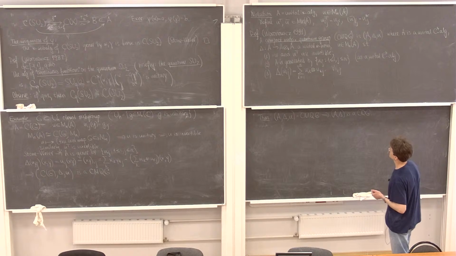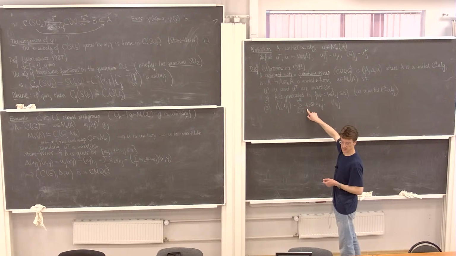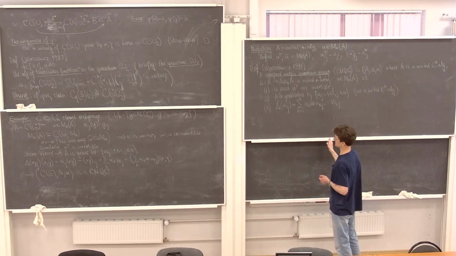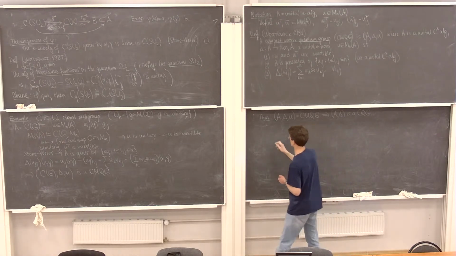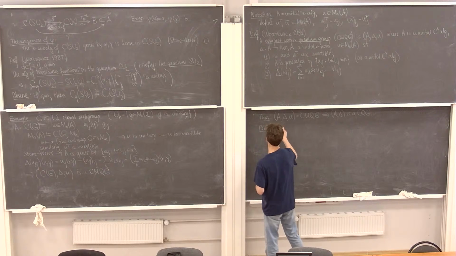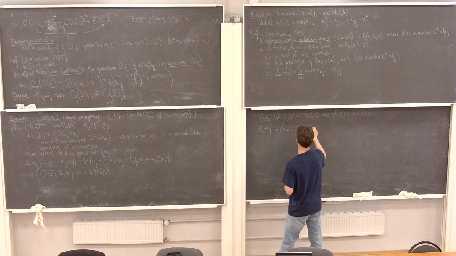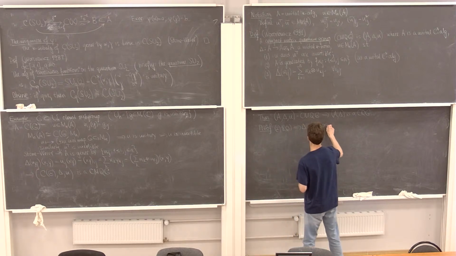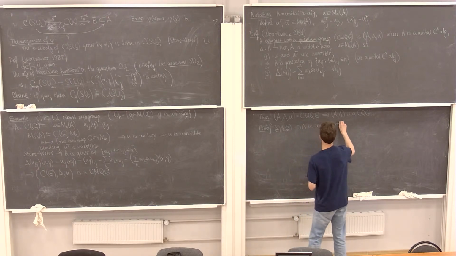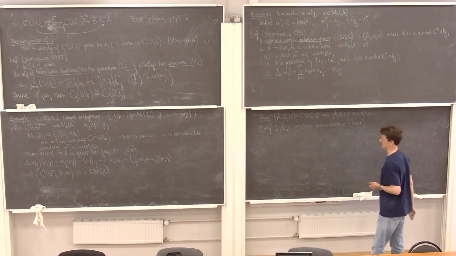First of all, we observe that properties 2 and 3 easily imply that the co-multiplication is co-associative. Formally, this is a little calculation, and I'll leave this as an exercise for you.